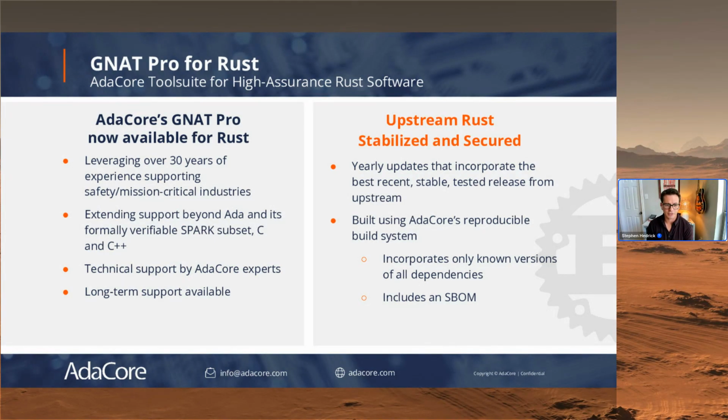We actually have engineers that are supporting those that need the help, and we have yearly updates incorporating the most recent stable tested releases from upstream. Again, it's familiar. Everything you know now with formal industry support is there, including SBOM, and we bring that support to the table, so we can really start looking at this as the next chapter for Rust.